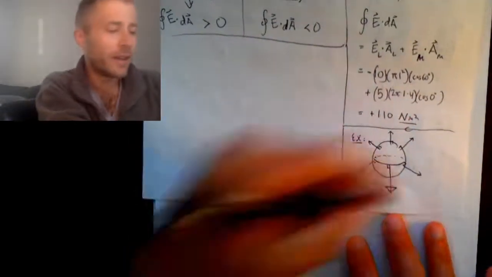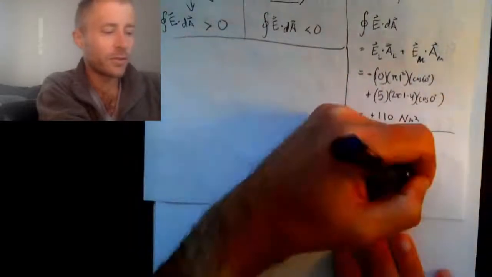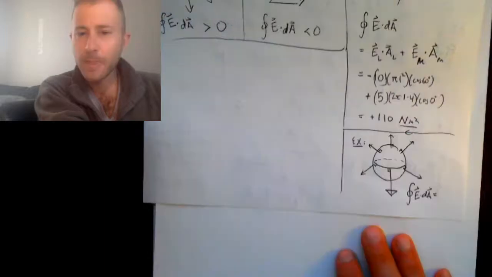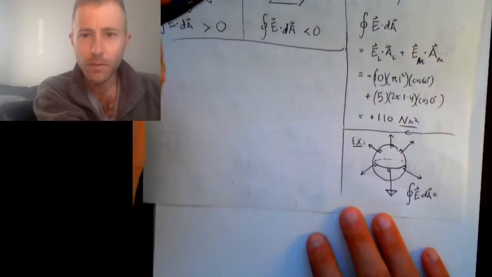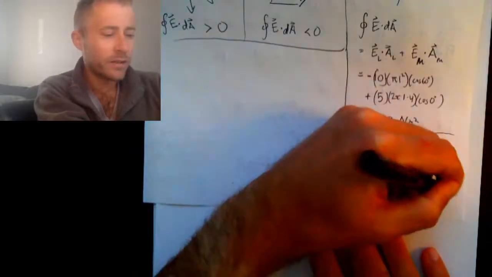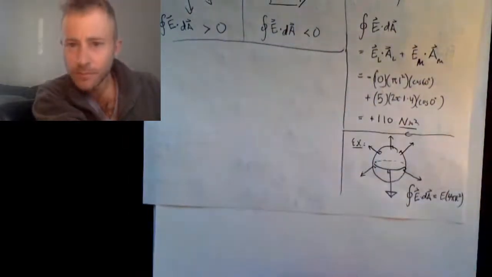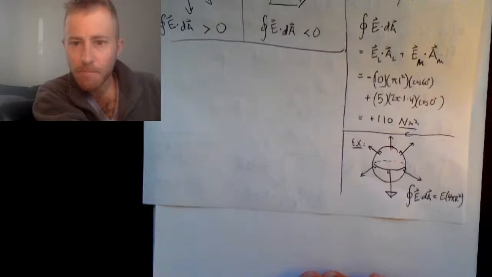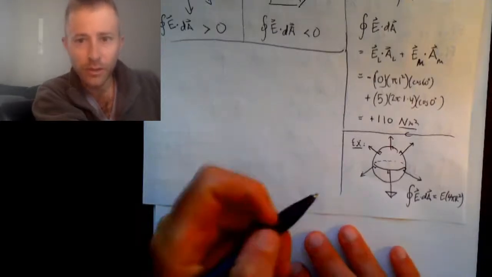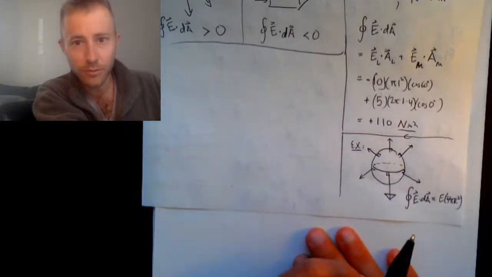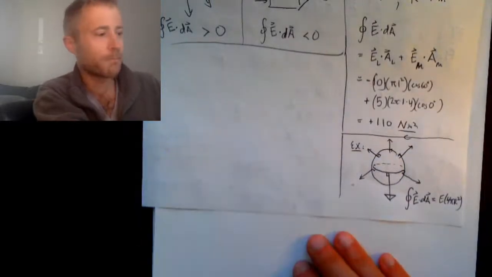Okay? In that case, the flux through the surface is going to be just E times 4 pi r squared. Because the cosine term is going to be 1 because it's perpendicular at all points. So that is an important one to know.